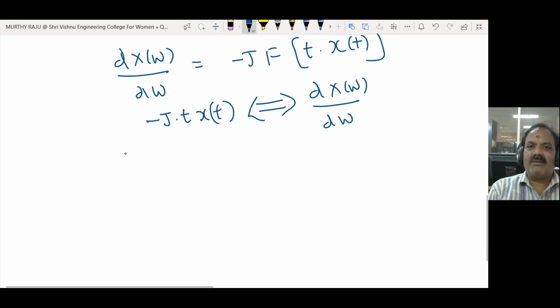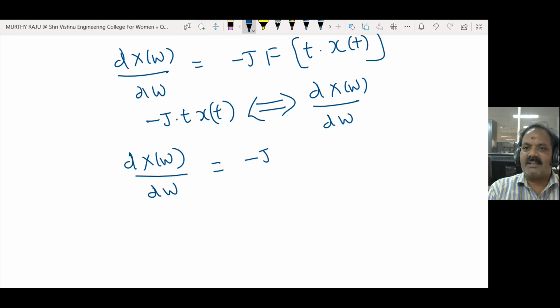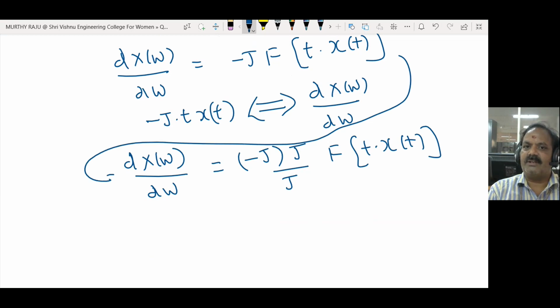Or here, in d X of omega by d omega, the minus j term is there. Numerator and denominator are multiplied with j, and the Fourier transform of t into x. Take this one.